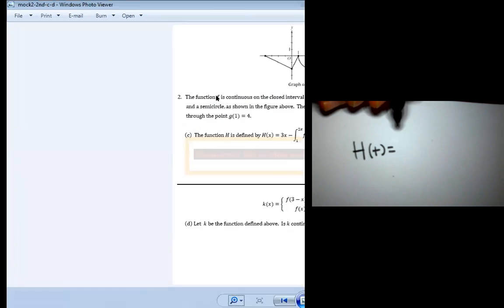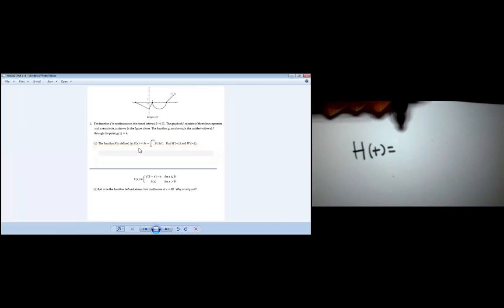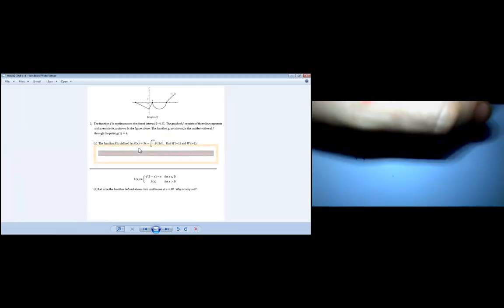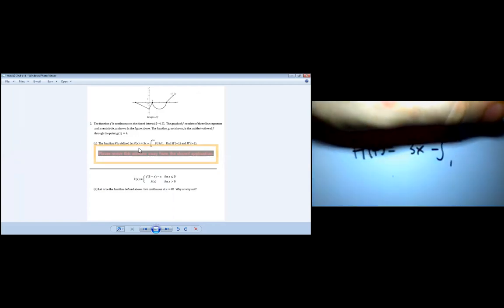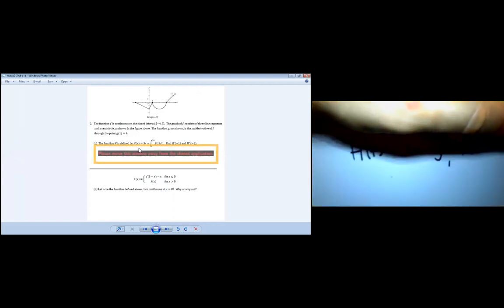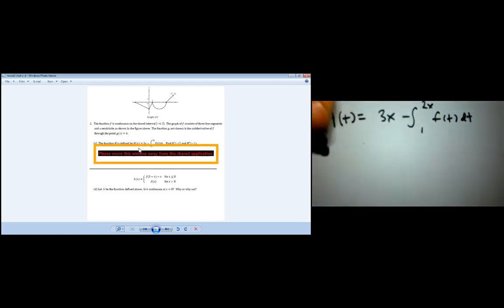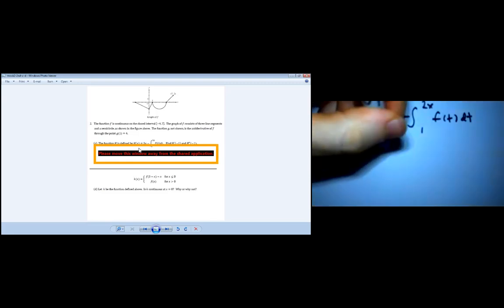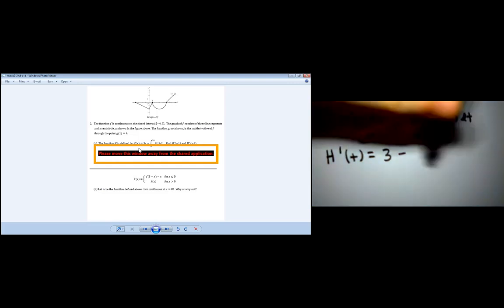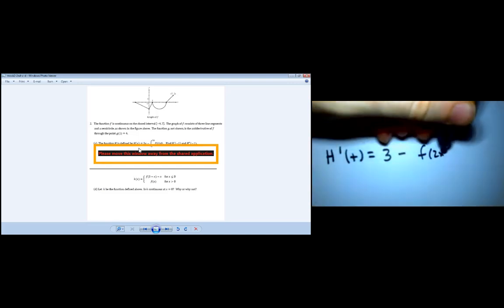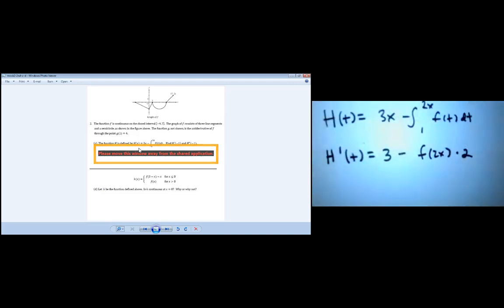H is equal to the integral from 3x minus 1 to 2x of f of t dt. Okay, so first things first, we want to find h prime. So h prime of x is equal to 3 minus f of 2x times 2.